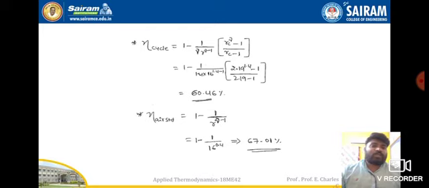It depends on the individual. If we know the cutoff ratio, the compression ratio, and gamma, which is the adiabatic index, and substitute all the values, you will get the efficiency of the diesel cycle as 60.46 percent.